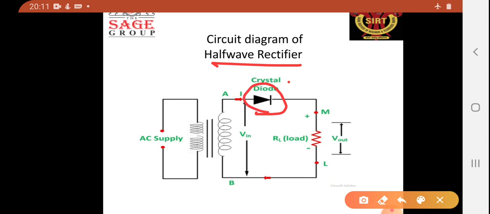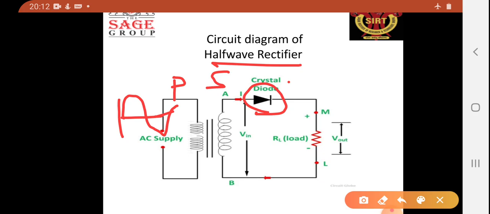This is the transformer, this is the primary, and this is the secondary. This is the load resistance, at which we will measure the output of the rectifier.